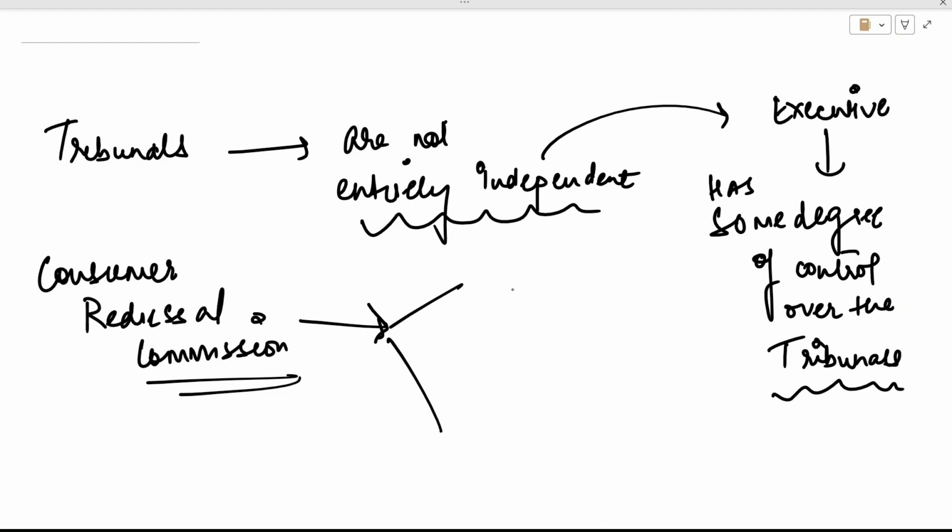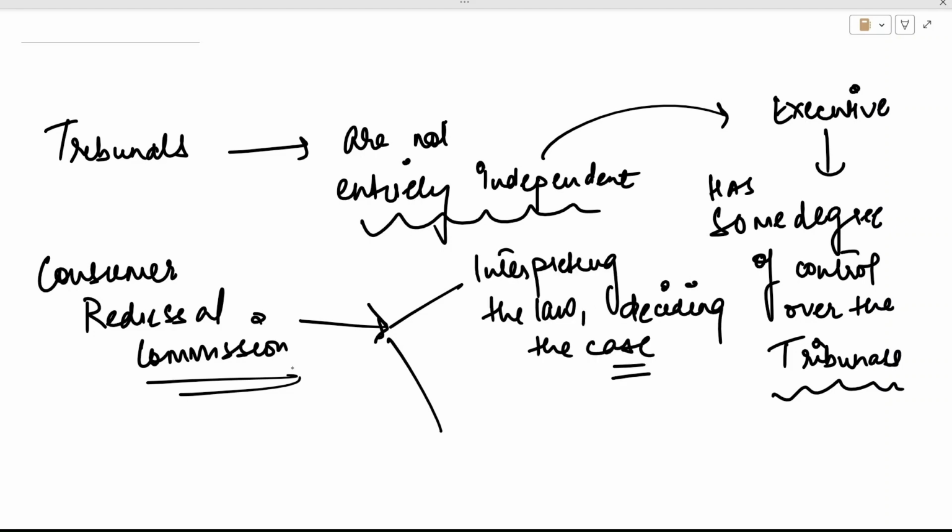If a consumer matter comes before this court, then obviously in matters of interpreting the law, deciding the case, the Consumer Redressal Commission has full independence. So adjudication related affairs, yes, they can completely independently adjudicate a matter on a consumer dispute which has come to them.